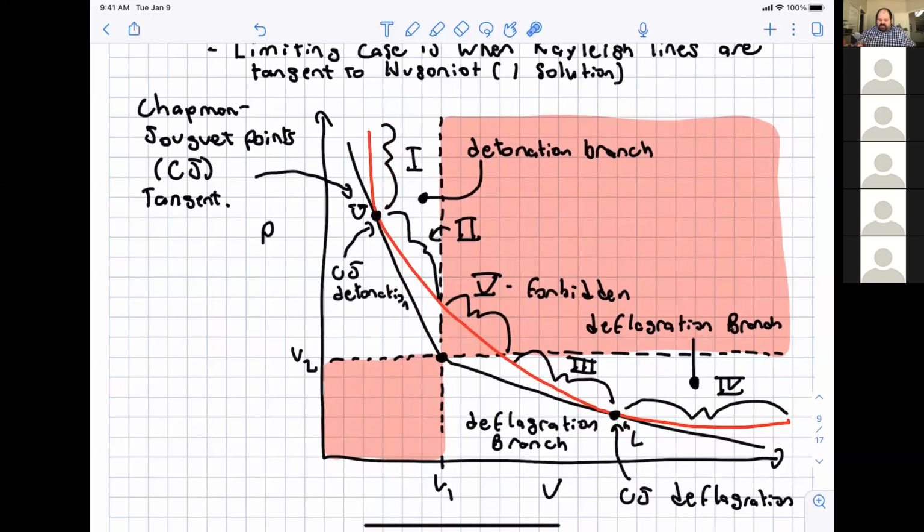Okay, and so there are different properties to all of these different regions, and this would not be V2, this would be P1.